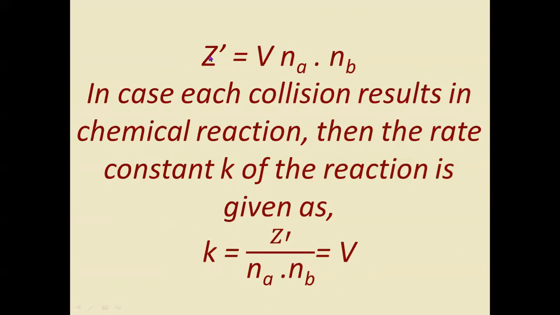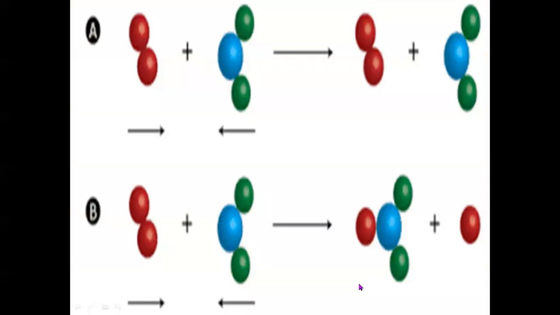So V will give you Z by Na into Nb. Therefore, K is equal to Z dash by Na into Nb, which should be equal to V. Again, a collision which results in formation of product is called fruitful, otherwise it is not fruitful.